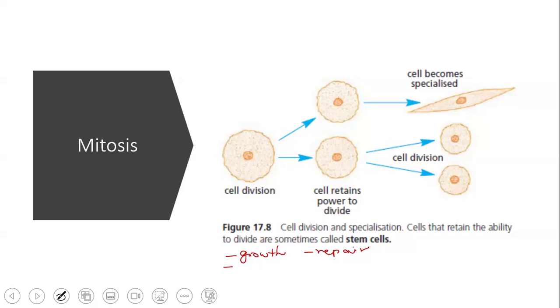Then, mitosis is very important in... one second. It helps in formation of new tissue.